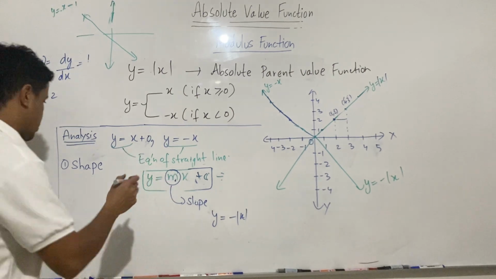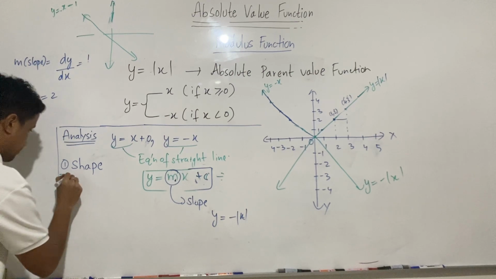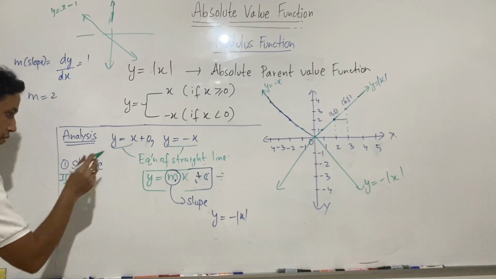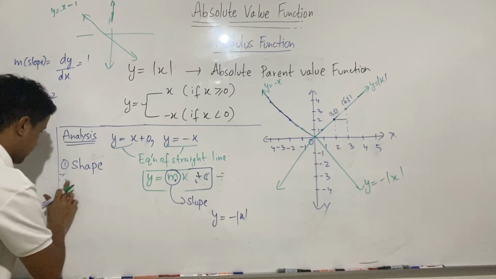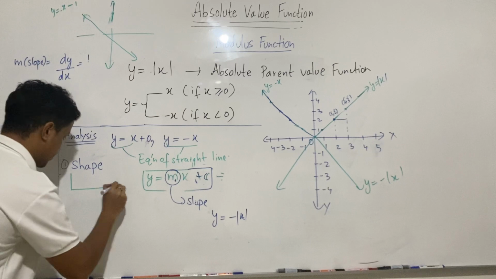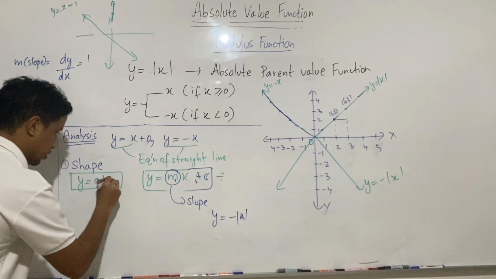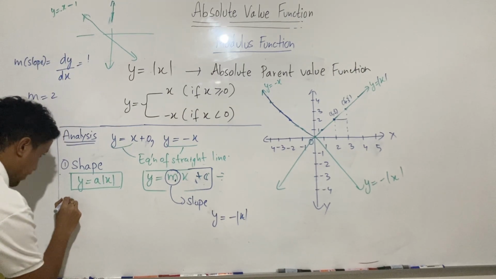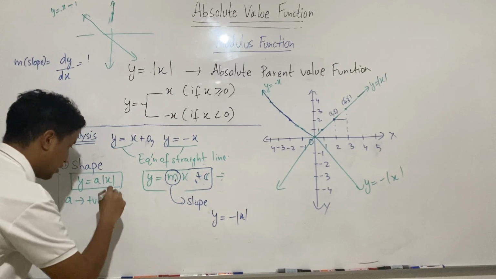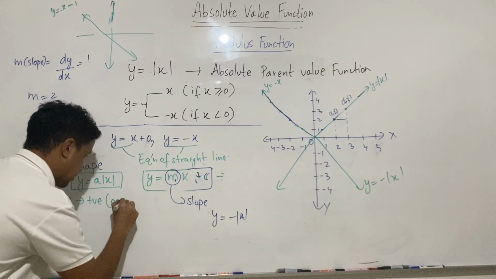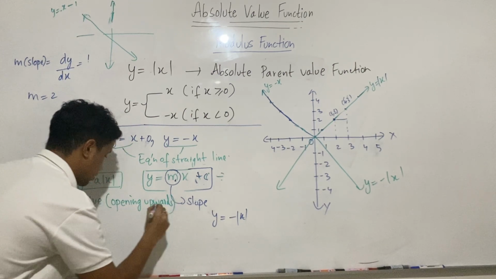Okay, so first is shape. For example, here I can write y equal to a modulus x, right? If a is positive, then graph will be opening upwards.